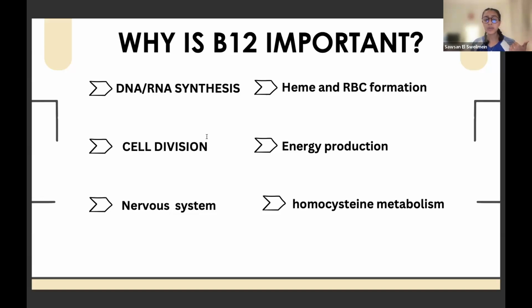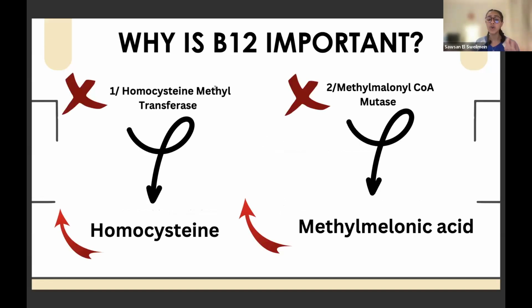For example, it's a cofactor for homocysteine methyltransferase and for methylmalonyl CoA mutase. That's why when we have a B12 deficiency and these enzymes stop working, we're going to have elevated levels of homocysteine and methylmalonic acid, which are used in diagnosing B12 deficiency.